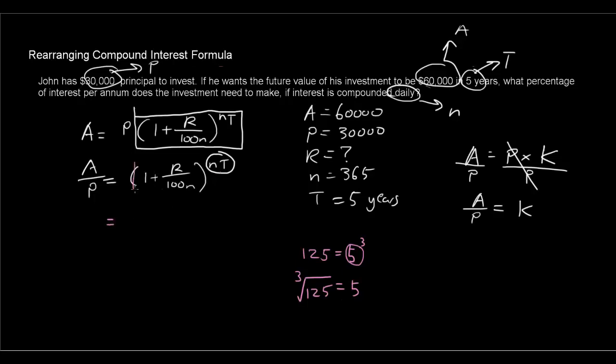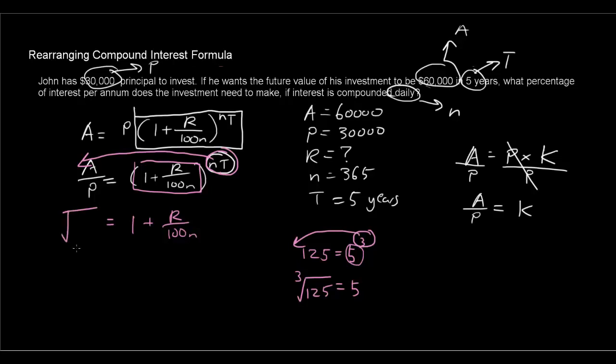We have this term here on the right hand side, so I'm going to keep that there. Now I'm going to move this onto the other side, and look what happened to the 3 as I moved it to the other side. It goes to the root sign. So this then becomes root NT, and I have A over P inside the root sign.